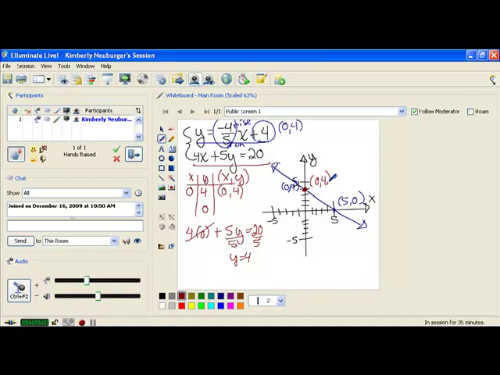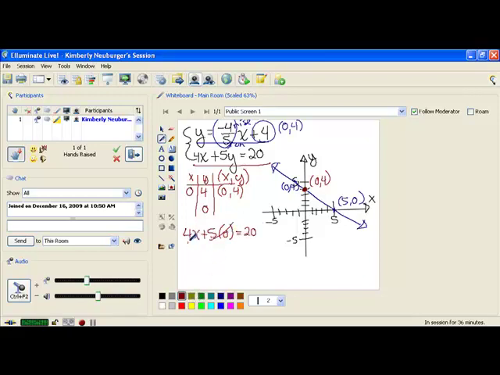Notice that I'm completely ignoring the blue one while I'm doing the red one. You'll want to do that so that you don't get the two confused. Now, I'm going to go ahead and take a look at plugging in 0 for the y. That gives me 4x plus 5 times 0 equals 20.